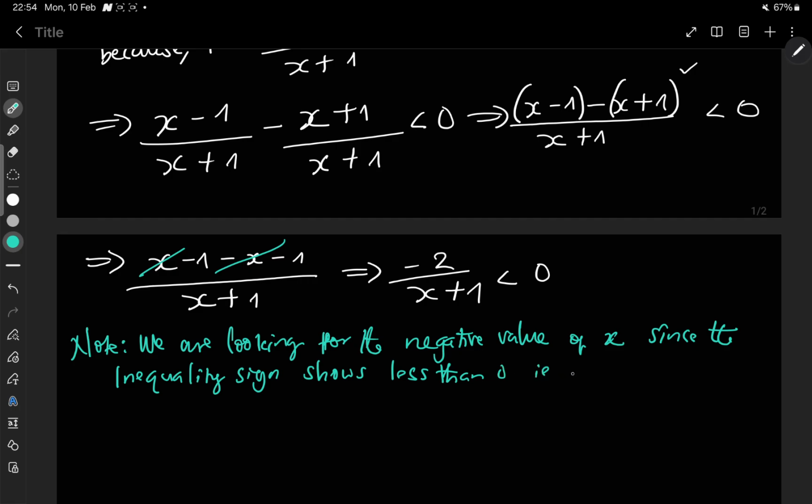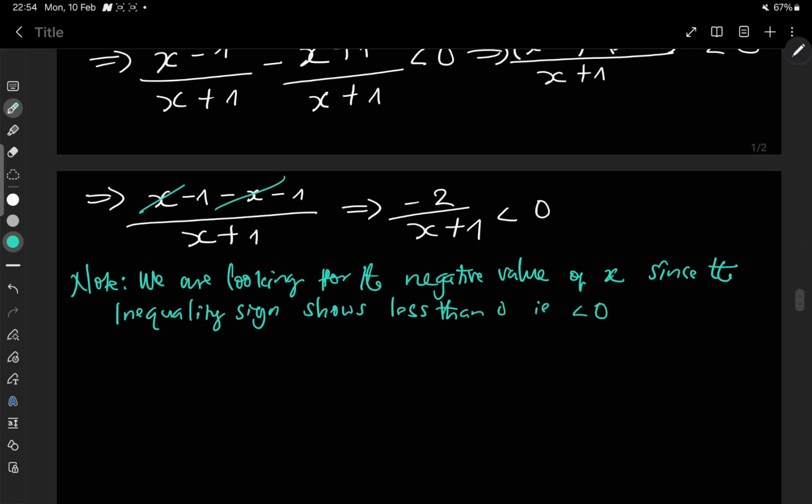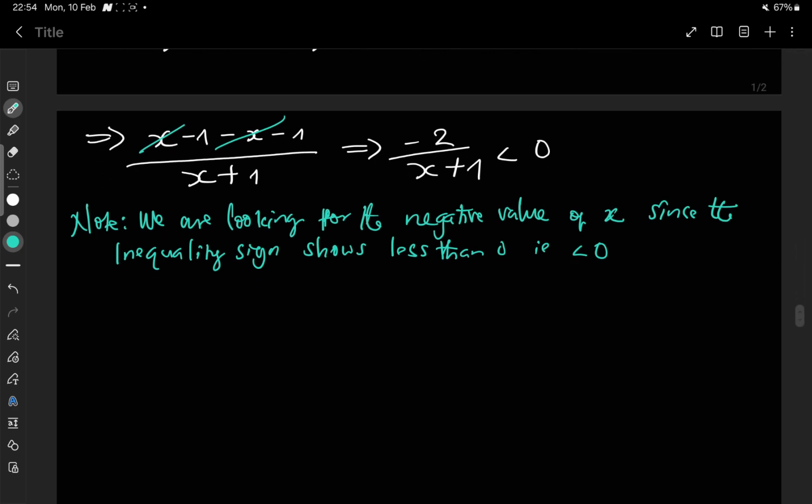That is less than 0. So it means that it has to be on the negative side.